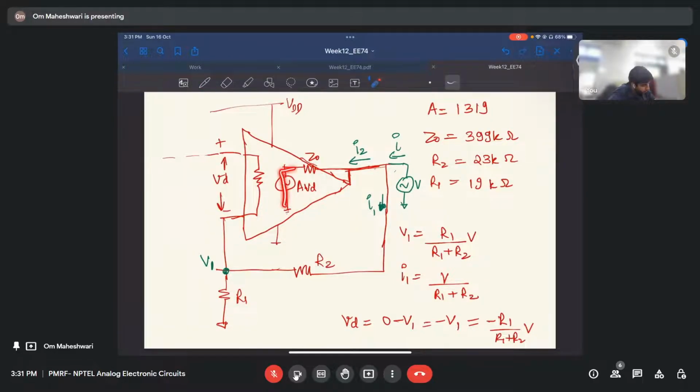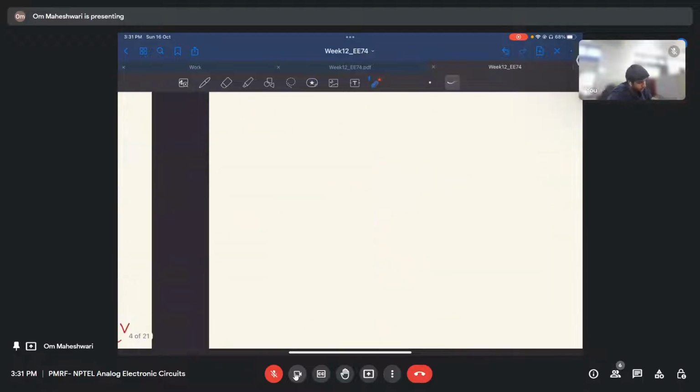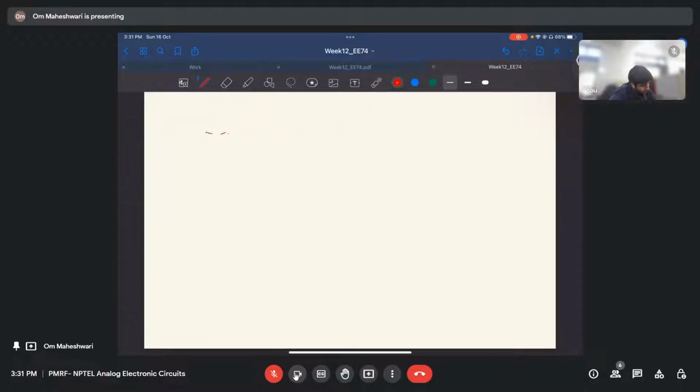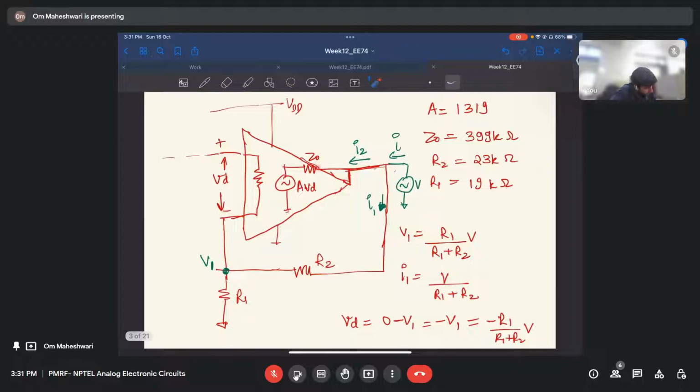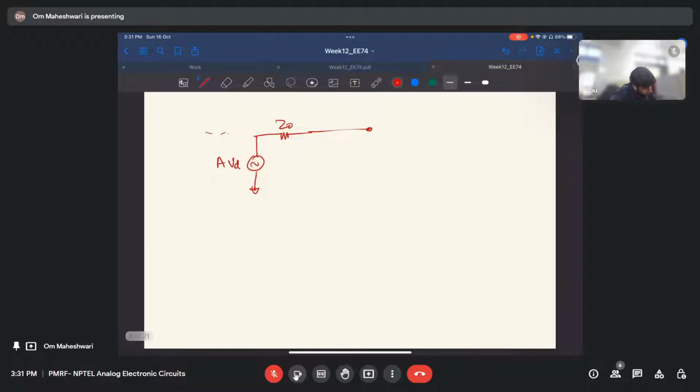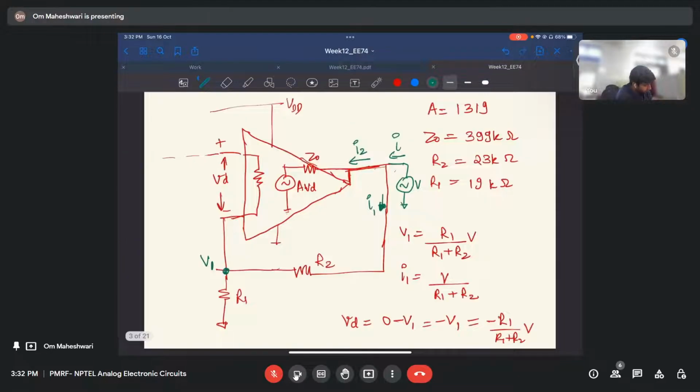Let me redraw this part on the next page. AVD, Z naught, and it is connected here. This Z naught is connected to this test voltage V. So what was VD?